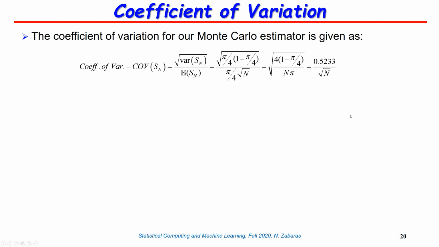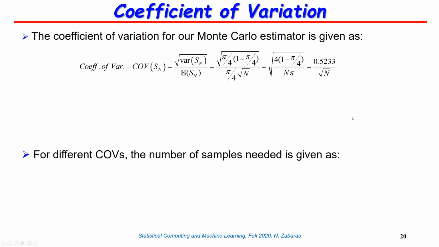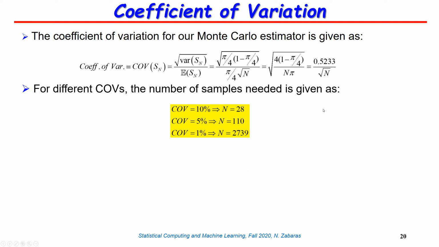So this is the coefficient of variation, and if you want different values of the coefficient of variation, this is the number of samples that you need, and you can see that not everything is very rosy. If you want a very small coefficient of variation, it's not surprising that the number of samples has to increase to the value that you see there, 2,739.